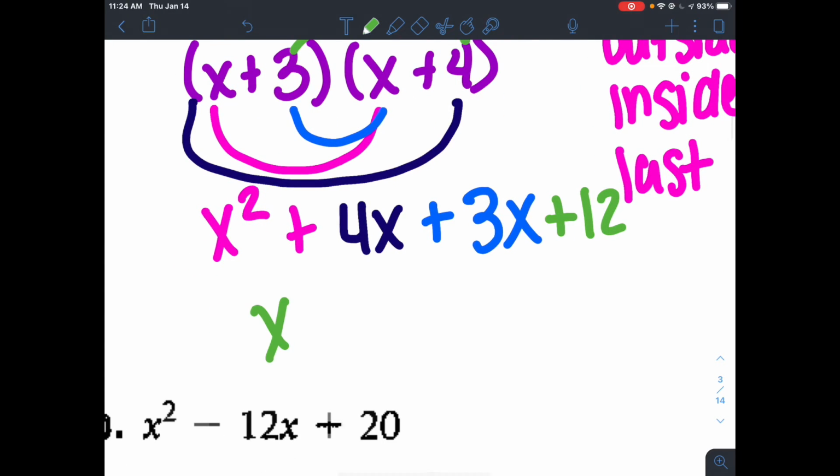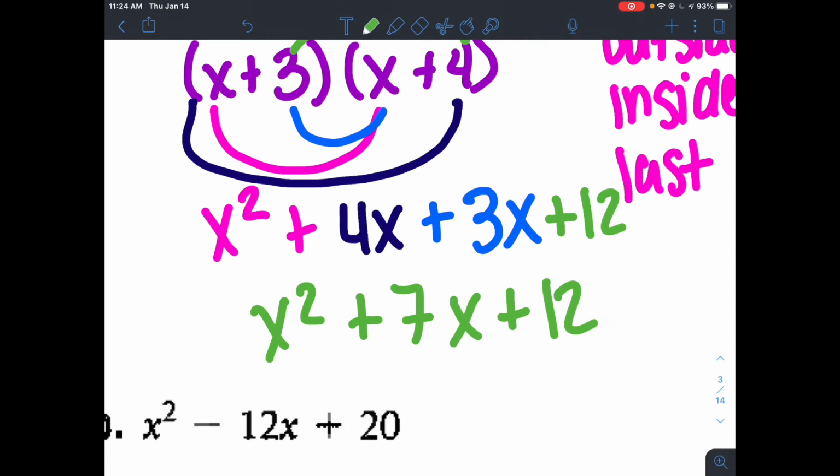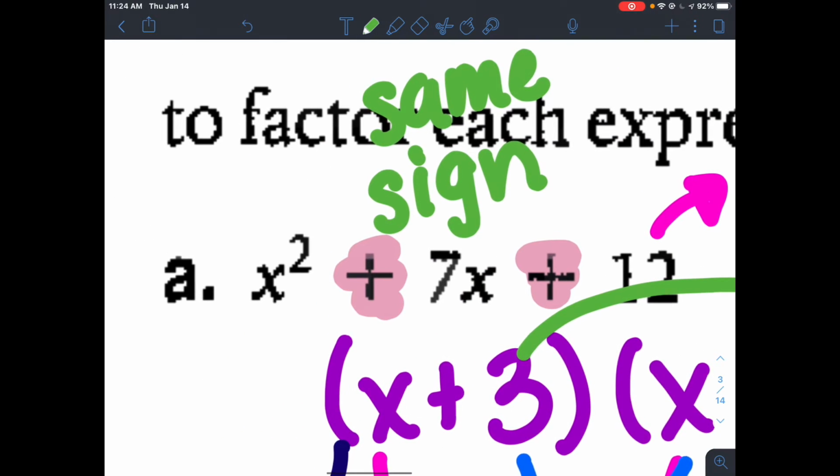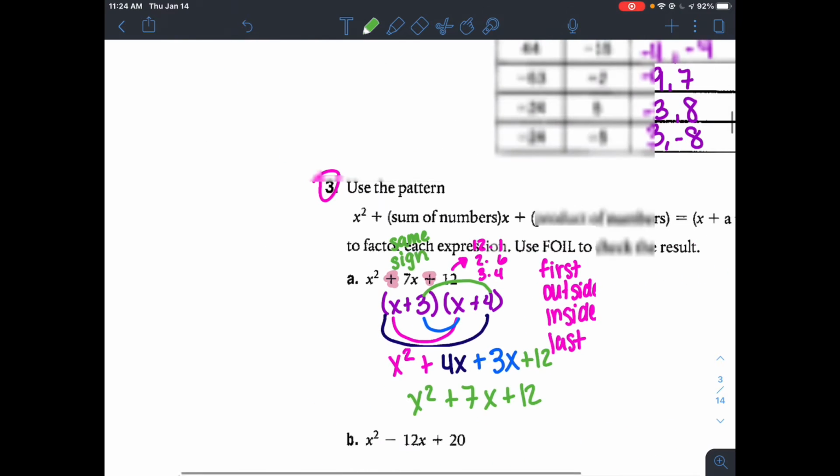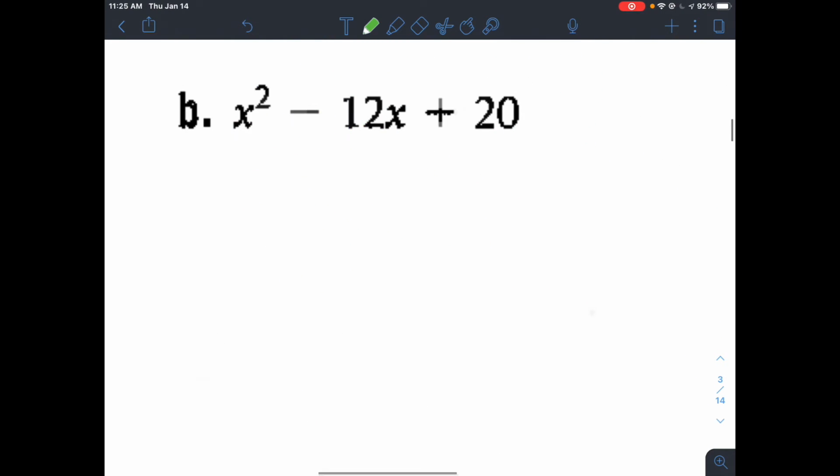And then we can combine like terms: x squared plus 7x plus 12. And that is my original quadratic expression there. And then moving on to B, we have x squared minus 12x plus 20.